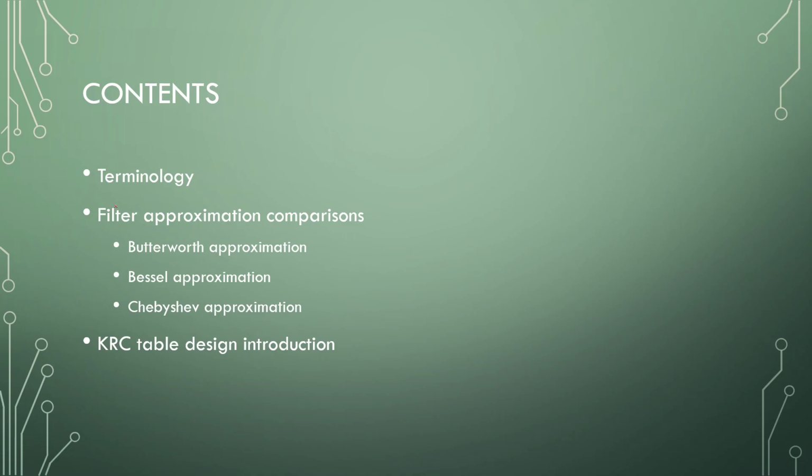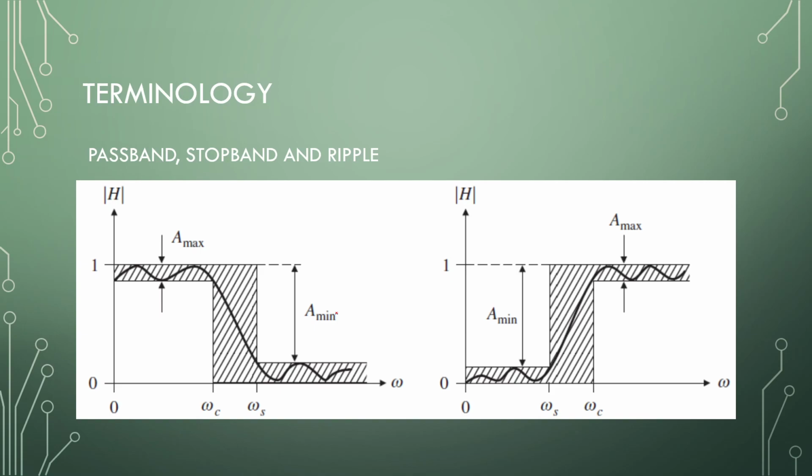Let's jump into the terminology and then the different approximations. Passband, stopband, and ripple. The passband is the part of the frequency range that will be let through by a filter, and the stopband is where we should have little or no signal left, and the area in between is the cutoff region.